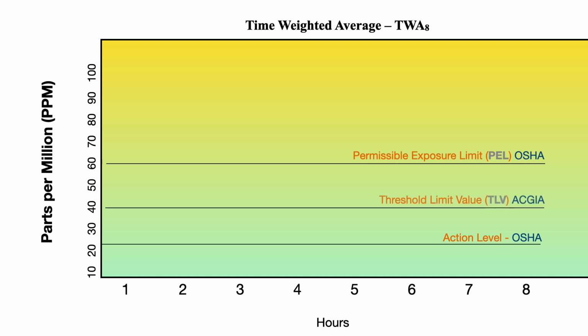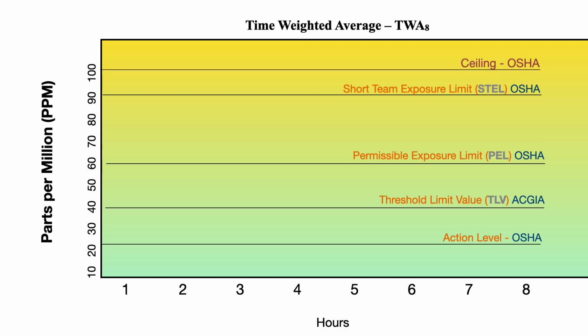And then there's also something called the TLV, which is from an independent agency, the American Conference of Governmental Industrial Hygienists. We also must look at that. Some of the compounds have a short-term exposure limit. We must know what those are if there is one that applies. And then finally, there's a ceiling that tells us we can't be exposed for any time over that.